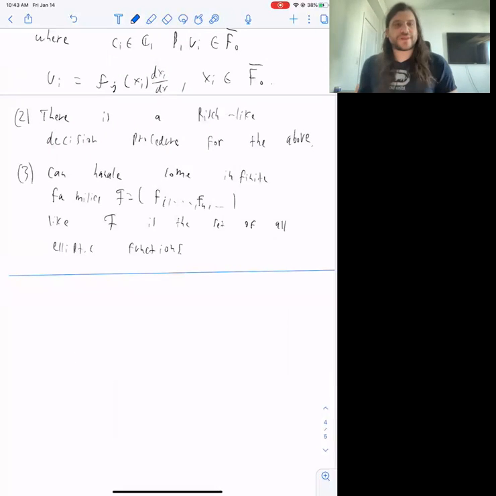So what I would like to do is begin by translating from the context of differential fields and algebraic functions to a more algebro-geometric context, which does two things, I think. First of all, it clarifies the story, in my opinion. It makes things a little bit easier to think about, more natural.